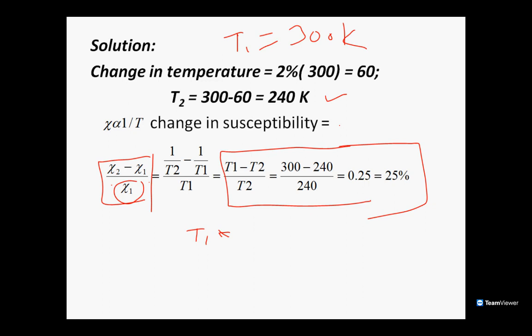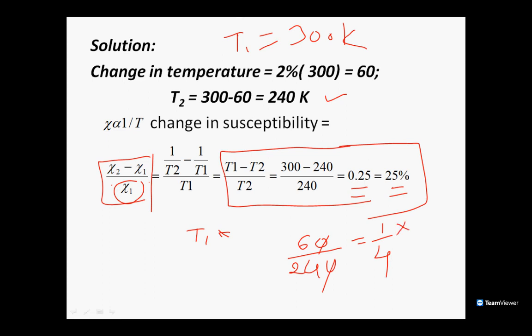Substitute the value of T1 and the value of T2, then you are getting 0.25, which in percentage is 25%. Because 300 minus 240 equals 60, divided by 240. This cancels and becomes 1 by 4.